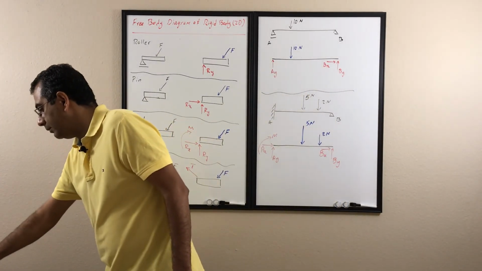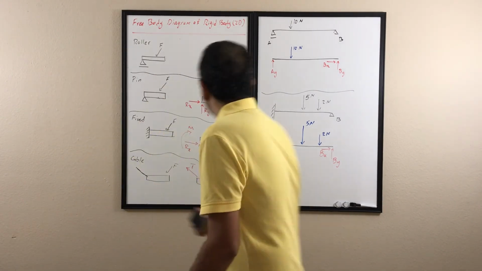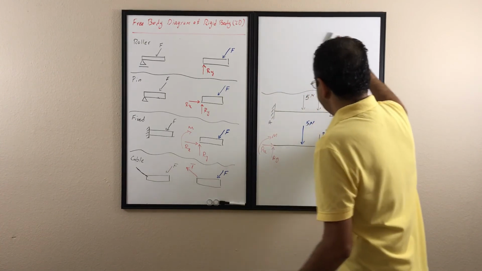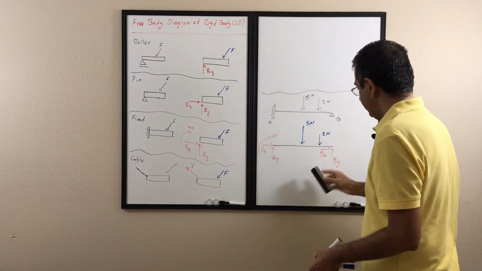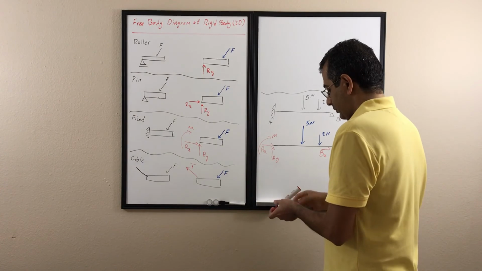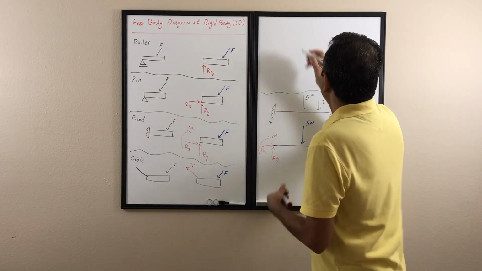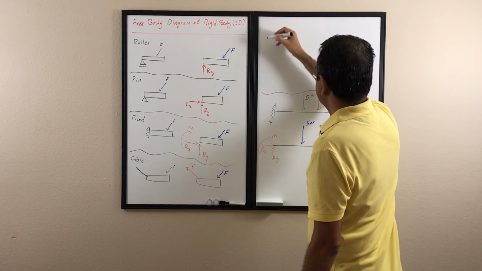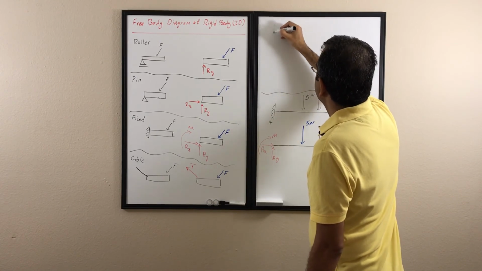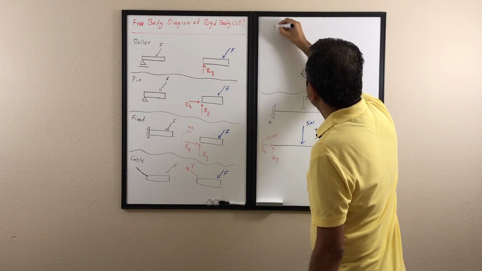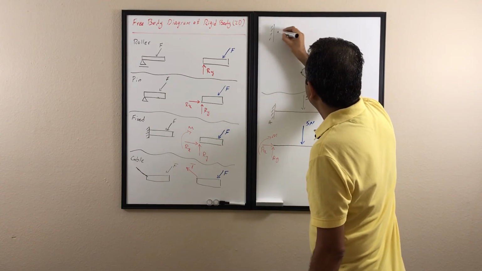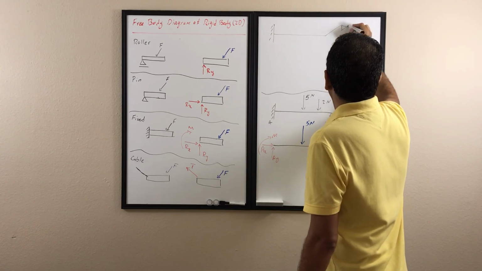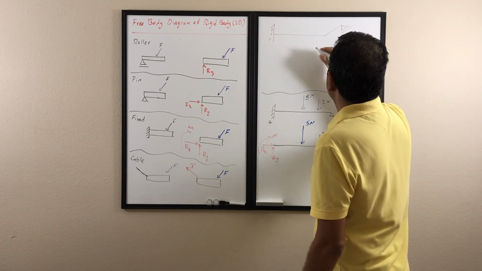Another example, we can look into that. This time assume I have a fixed end, same here, and then I have the roller here.